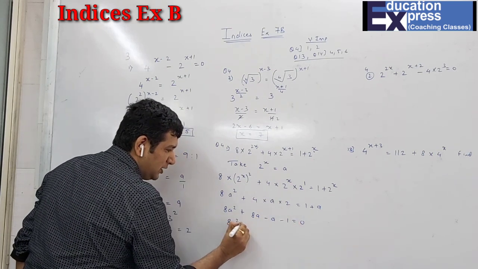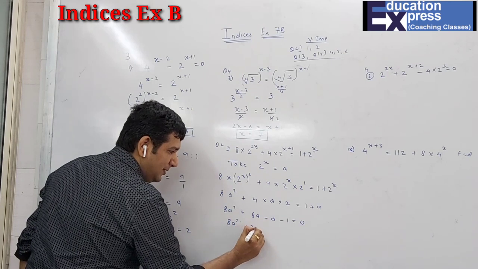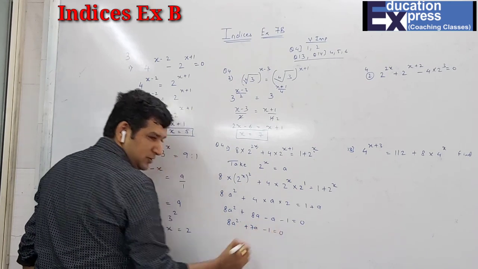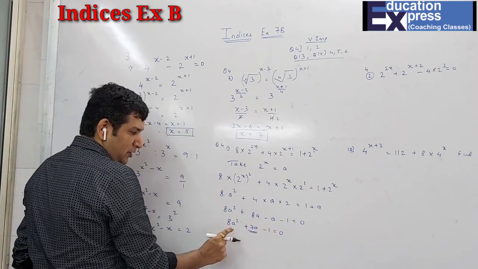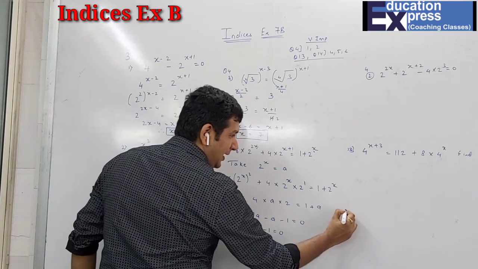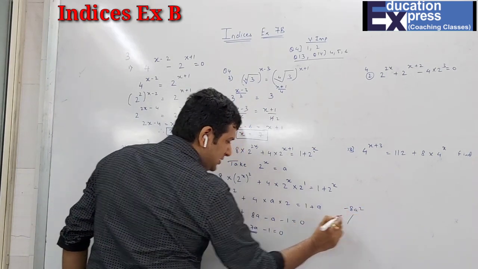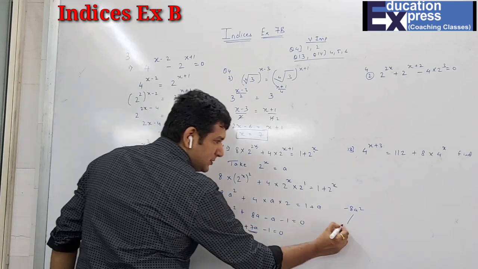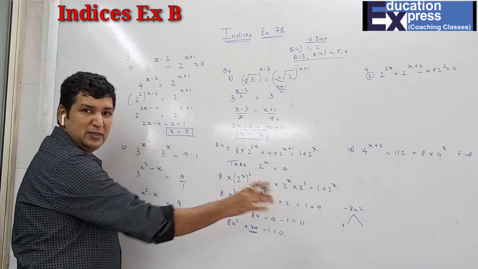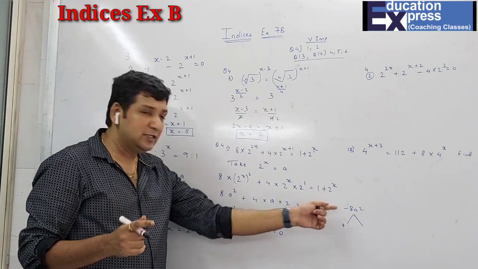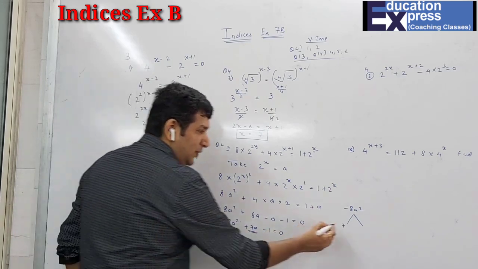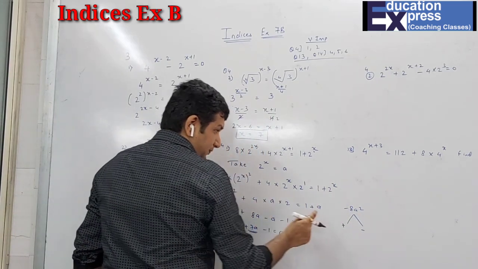Again students, split the middle term. 8 minus 1 is 7, minus 1 equals to 0. So this is your middle term. When you multiply 8a into this, you get minus 8a square. Compulsory you have to write the middle term sign. Middle term sign is plus. And now you know what is minus, plus into minus. So obviously plus is there, the minus will come.